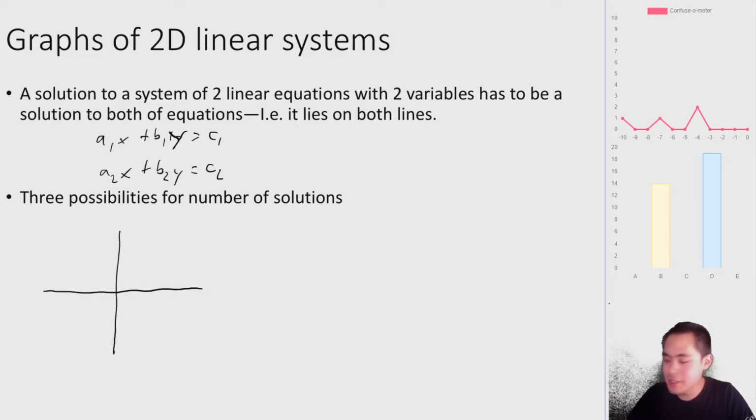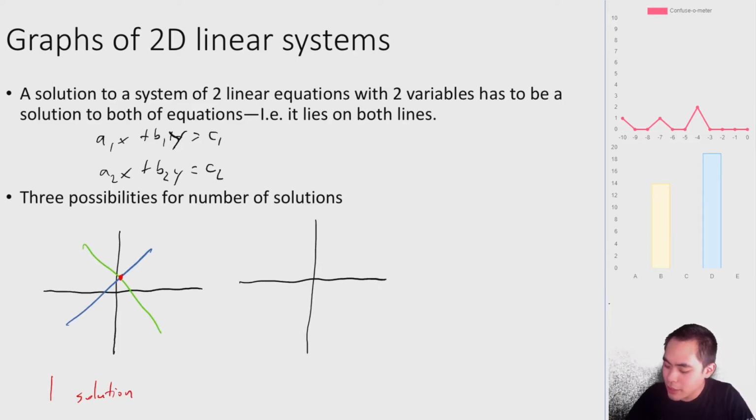One of them, and this is the most common situation, is that the two lines intersect, right? If the two lines intersect, then your solution is at this intersection point, and so you end up with one solution. Sometimes you get unlucky, and the two lines are parallel to each other. And if the two lines are parallel, then there are no solutions.